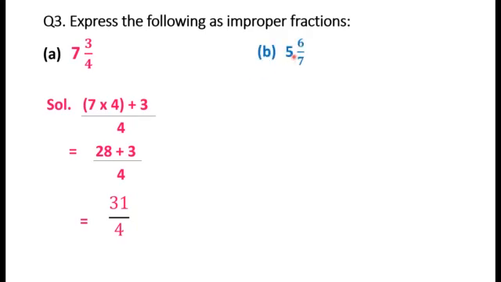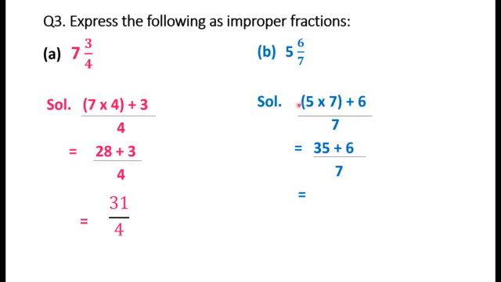Next is 5 6 by 7. Again we have to solve like 5 into 7, that is the whole part into denominator plus numerator, and the whole thing is divided by denominator. So what we have to write? 5 into 7, whole part into denominator, plus 6 which is numerator, and this whole thing is divided by 7, that is denominator.